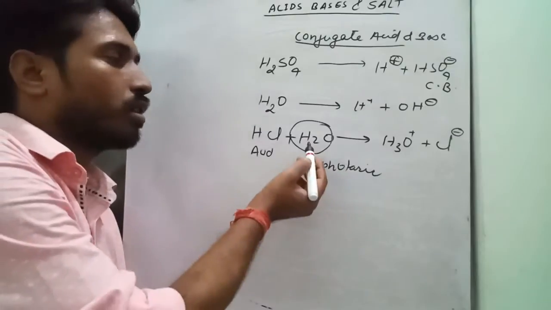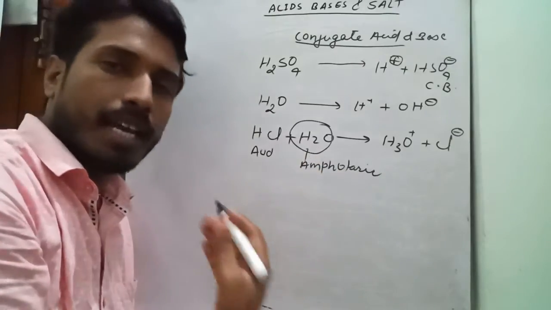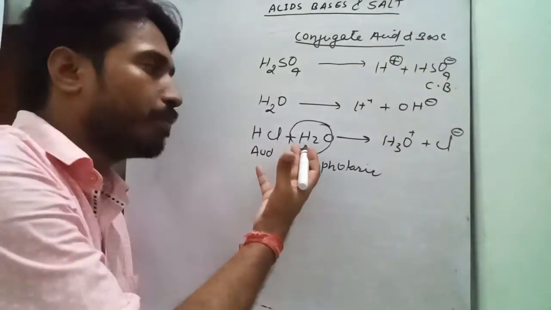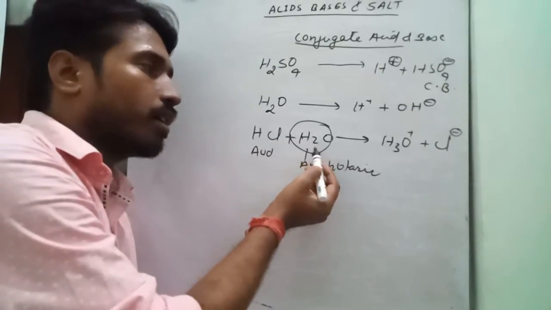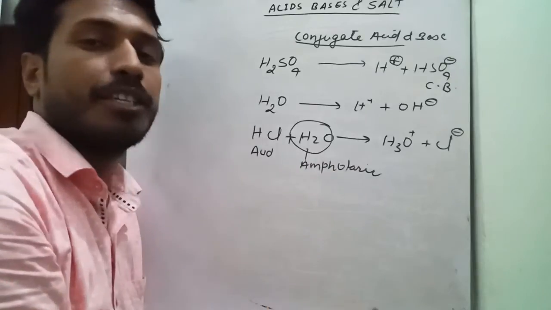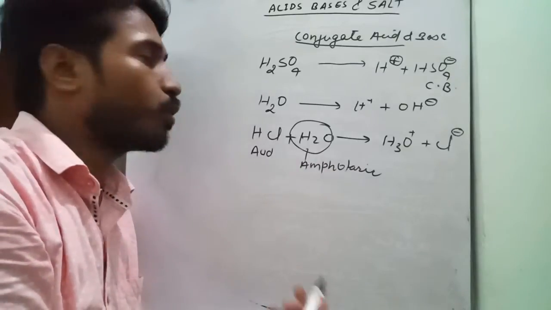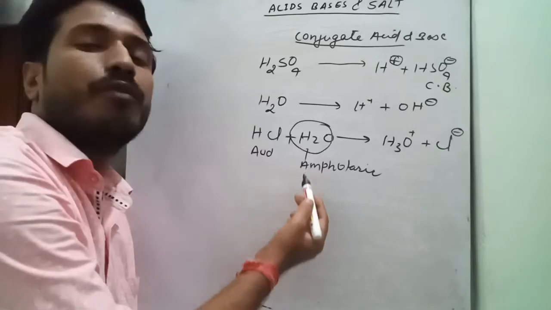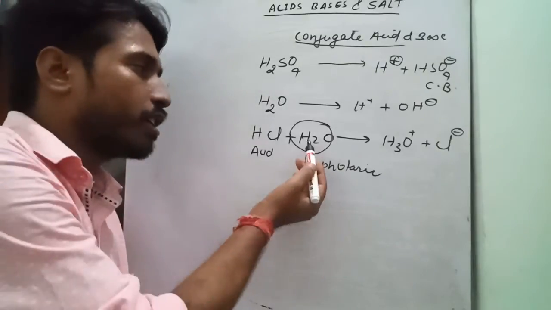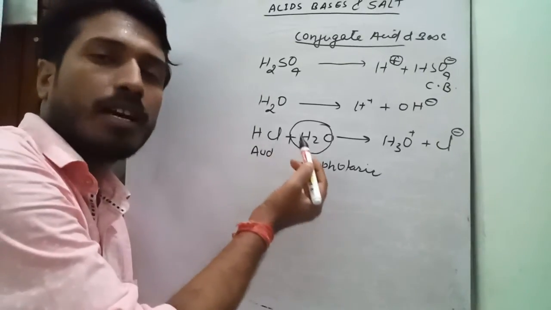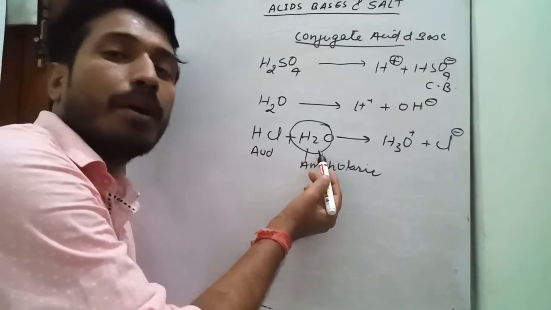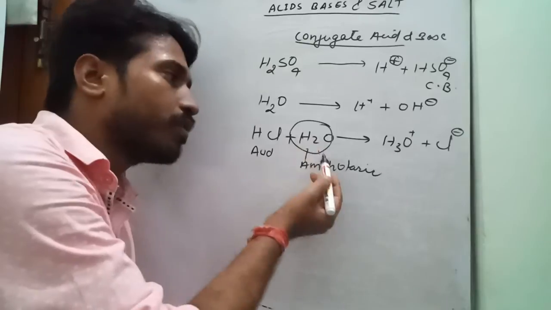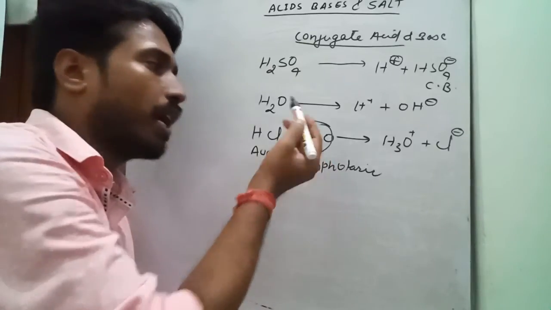Amphoteric means the species which can act as an acid as well as a base. The action of water as acid or base depends upon the medium with which it is mixed. If water is mixed with a strong acid, it will act as a base, and if it is mixed with a base, then it will act as an acid.